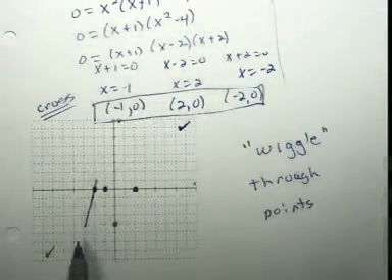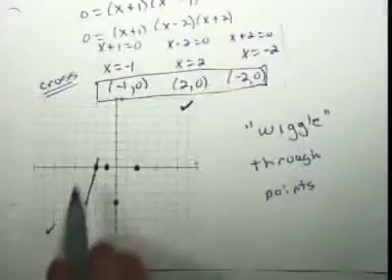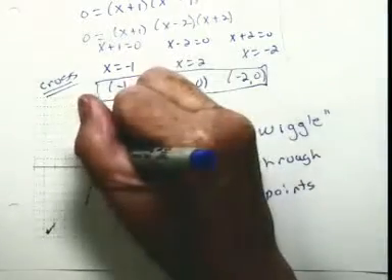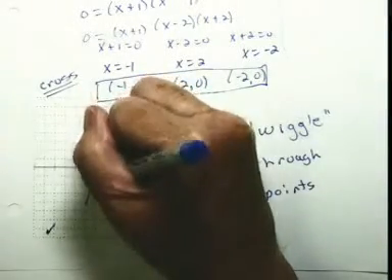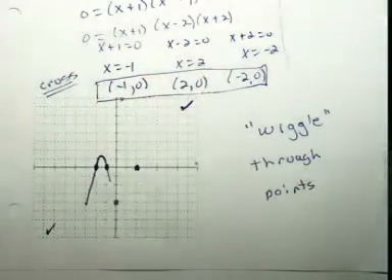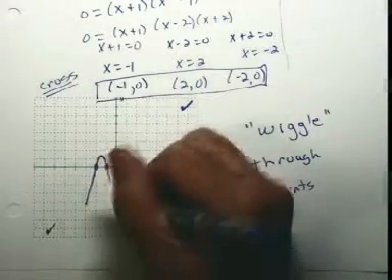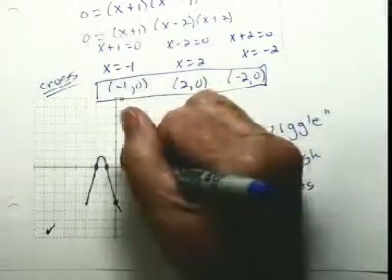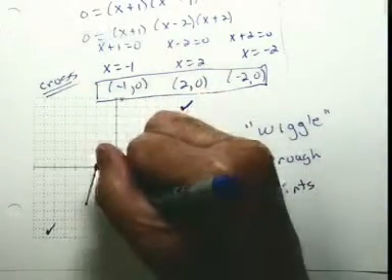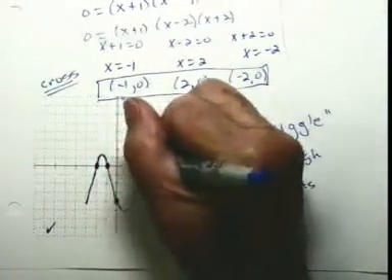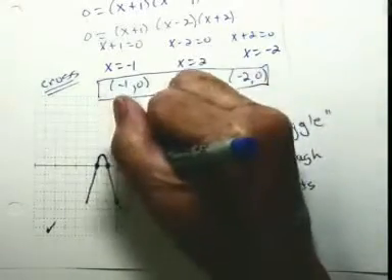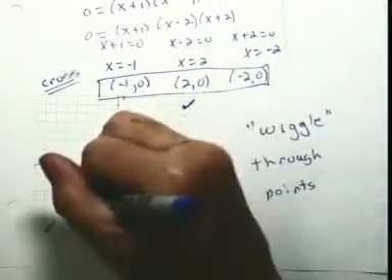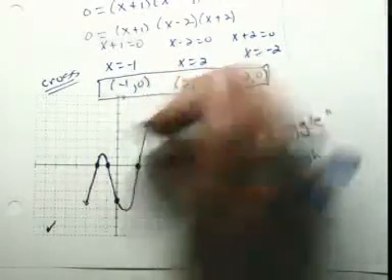The end behavior told me to start down. I see a point, I have to cross through it. If there's another point, I have to turn around and cross through that point. Now I've got a point down here, so I'm going to have to go down here and cross through this point. If I see another point, I have to turn around and cross through it. When there are no more points, I just keep going, and I should have ended up, and I did end up.